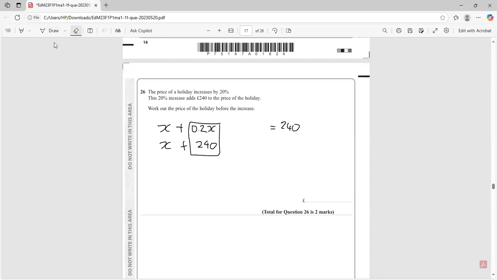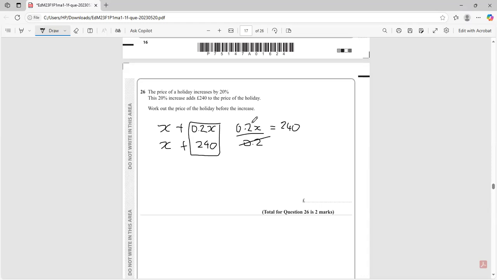I'm going to have to wipe this off and rewrite it because I left out the key element, which is 0.2x. That's the key element. Remember, it's x that we're looking for, isn't it? Yes. So what are we going to do to both sides? Divide both sides by 0.2. Very easy.